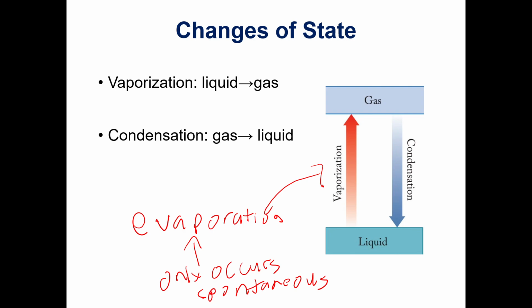It might not be much of it that evaporates unless I leave it there for a really long time, but that process is spontaneous. Vaporization is any time we're going from a liquid to a gas. So I can force vaporization to happen. I can add heat. I could put my water in a pot and put it on the stove, and it would boil and turn from a liquid to a gas. So that would be vaporization, but not evaporation. The more general term is vaporization.